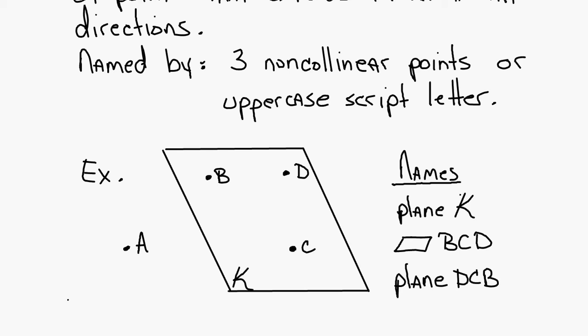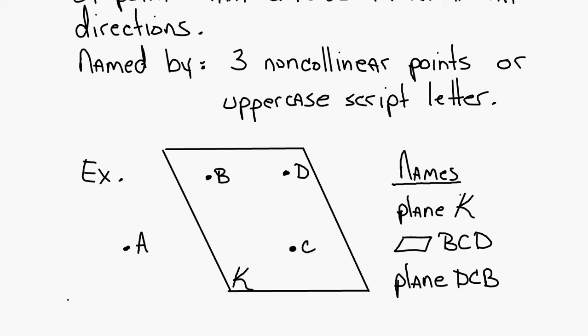The key concept would be, can you use the letter A or the point A when describing that plane? I see some people shaking their heads no. Why can't you use point A when you're describing that plane? It's not on the plane, is it? Okay? It's not part of the plane.